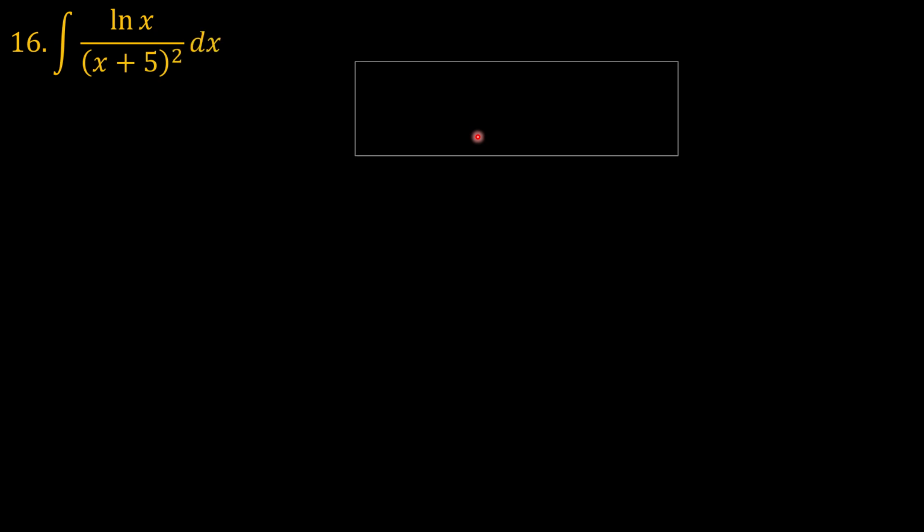So problem 16 is the indefinite integral of the natural logarithm of x over (x plus 5) squared. Here we're going to use what we call integration by parts, where if you have the product of function u and the derivative of function v, when you integrate that, you get uv, the product of function u and function v, minus the integral of function v times the derivative of function u.